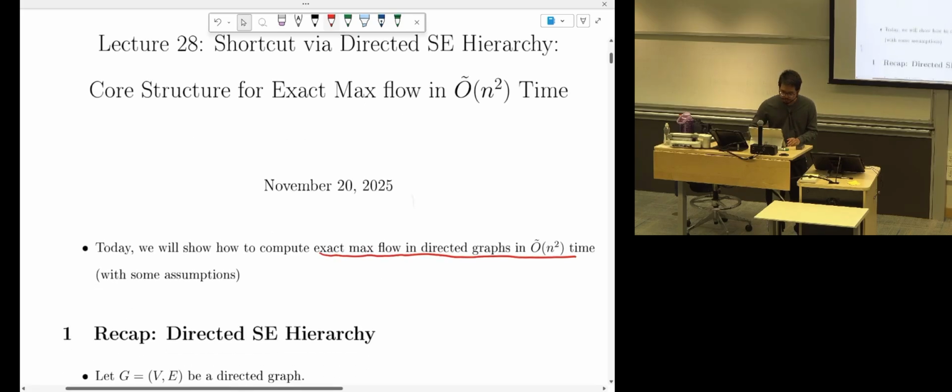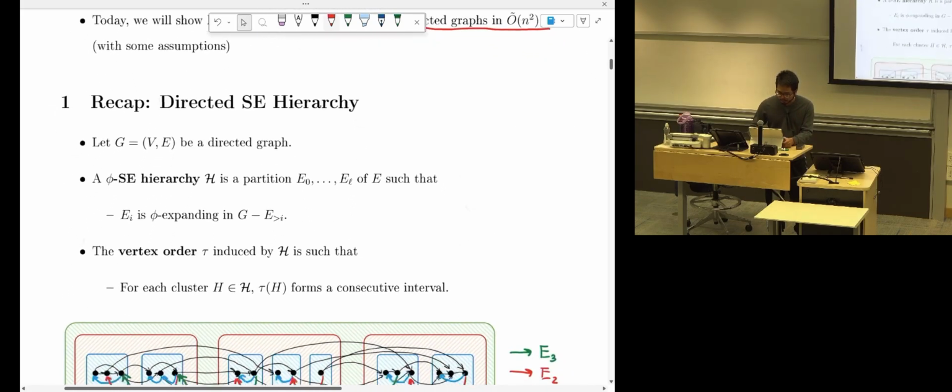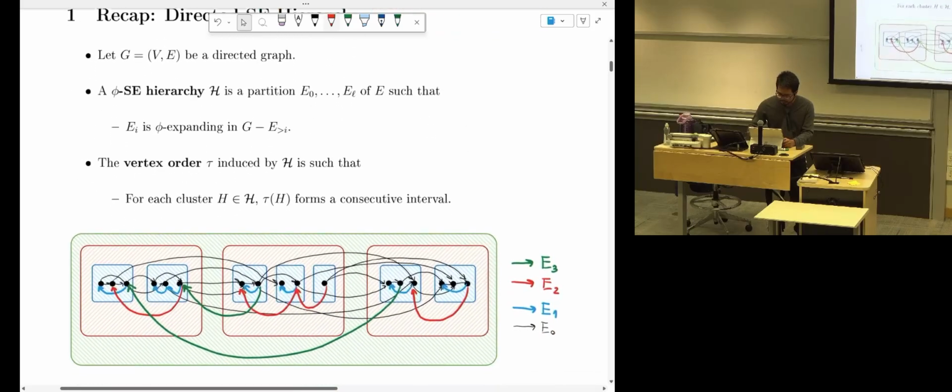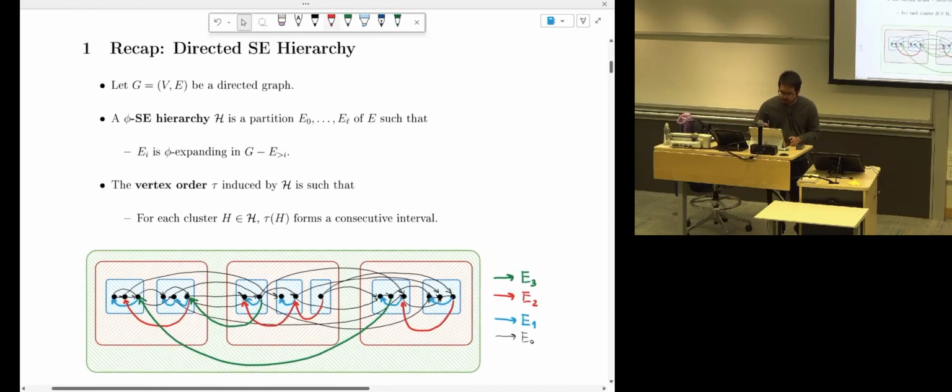Okay. Let me recap first. The key object that we're going to use today is the SE hierarchy.